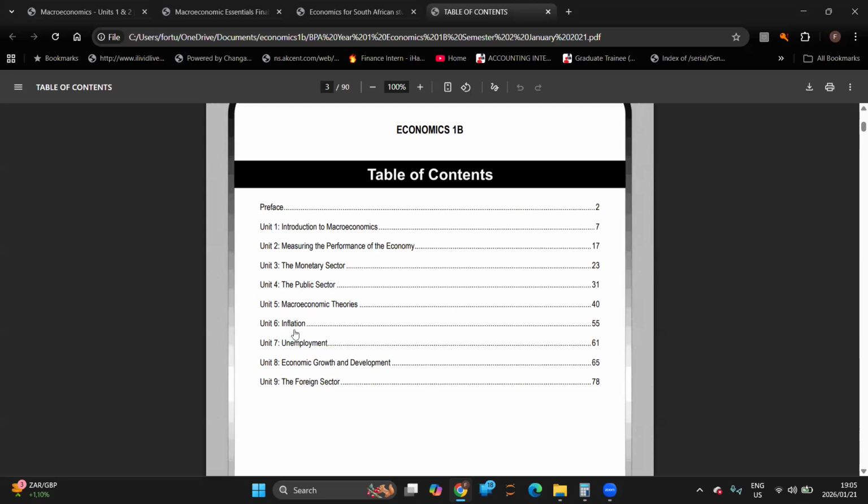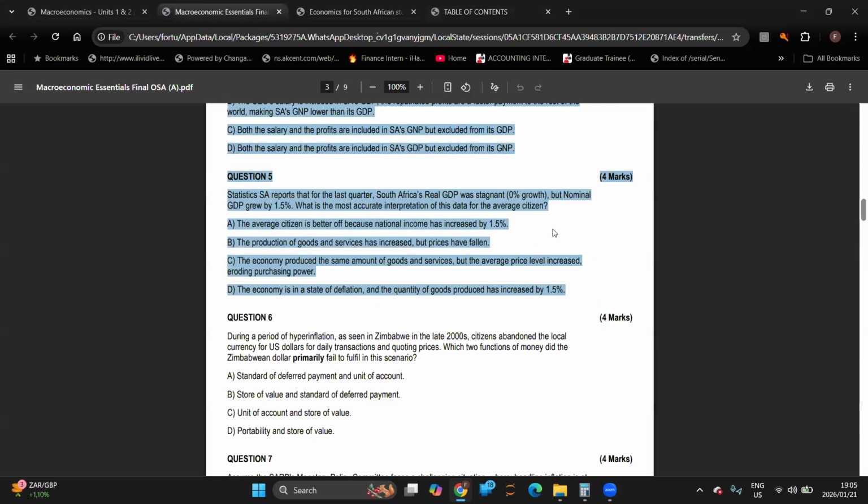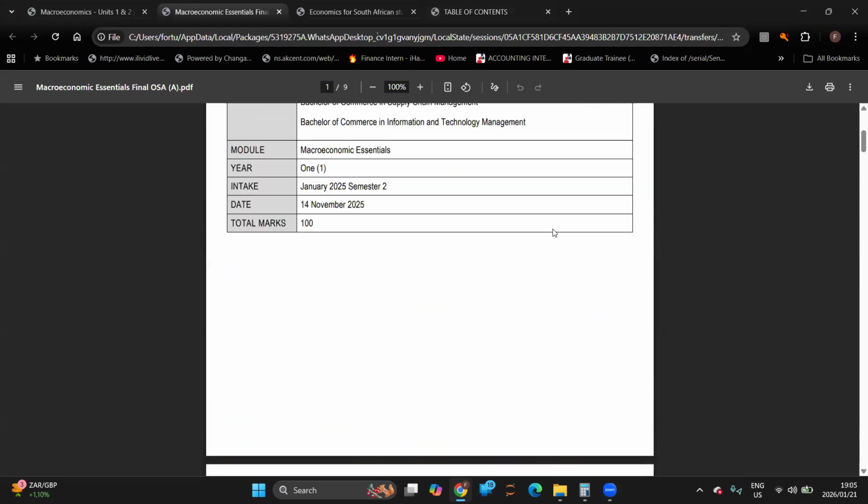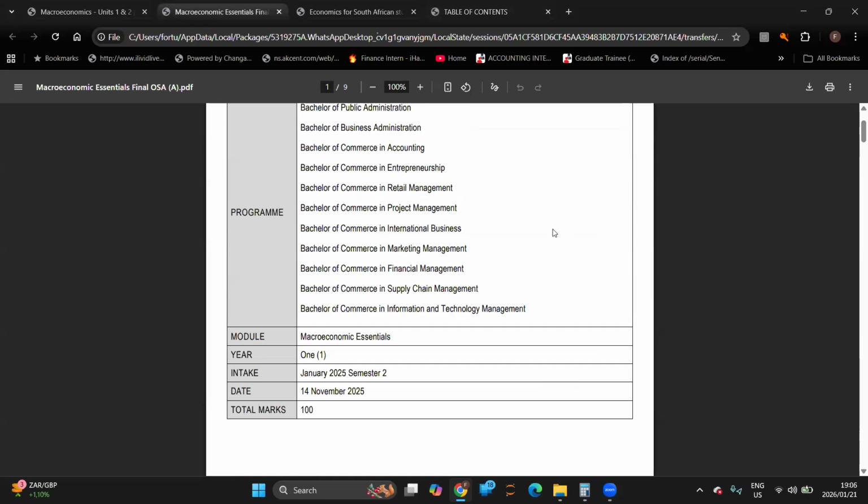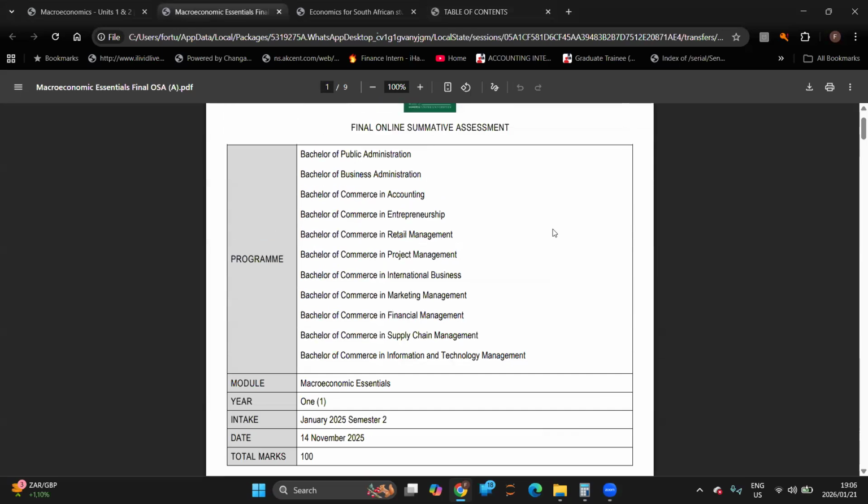We're going to be zooming in, and at the end of these topics, we're expected to be answering an exam type scenario, which is made up of multiple choice questions.